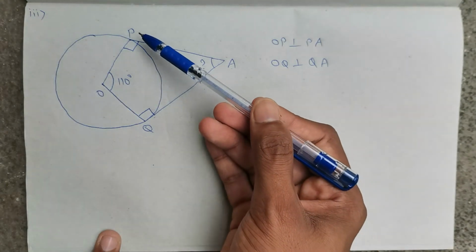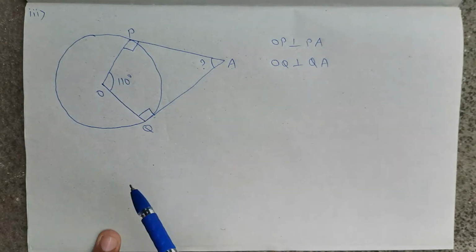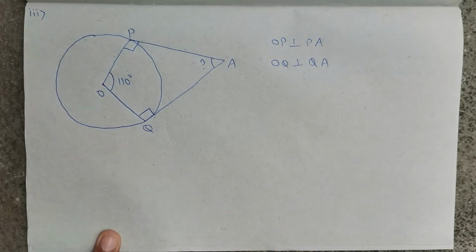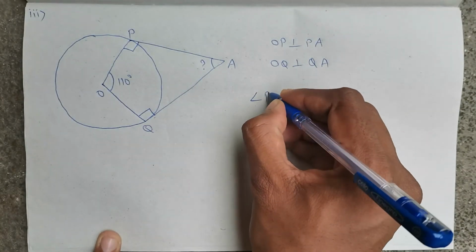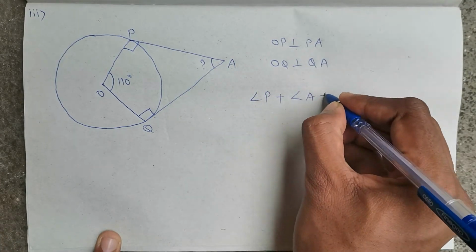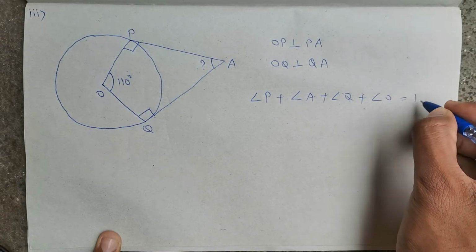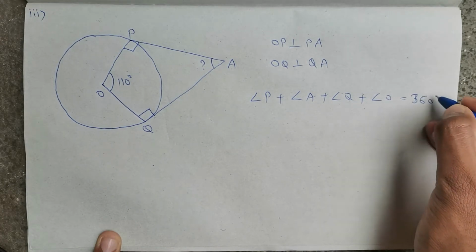Now if we observe POQA, PA is one side, QA is the second side, OQ the third side, OP the fourth side. So it is a quadrilateral. The sum of all the angles in a quadrilateral is 360 degrees. So angle P plus angle A plus angle Q plus angle O is equal to 360 degrees.